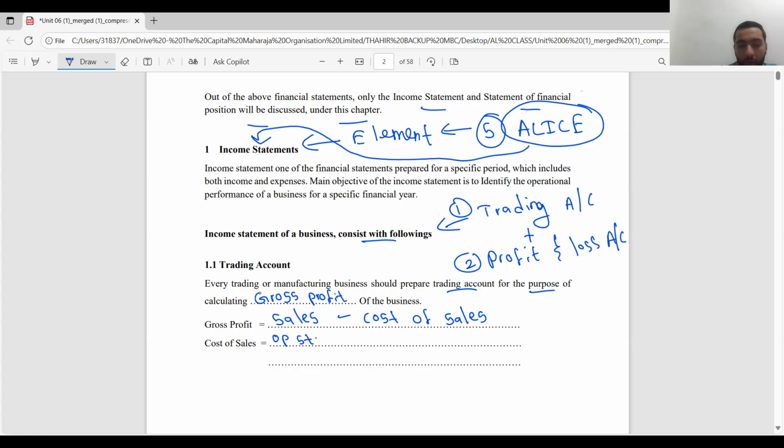Opening stock plus purchases plus expenses minus purchases return minus closing stock.